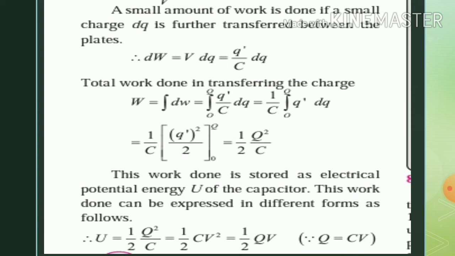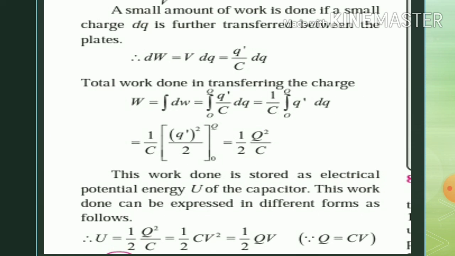Then also we can obtain the electrostatic energy of the condenser in terms of charge and potential, which is U equals 1/2 Q into V. This is also the electrostatic or electrical potential energy in terms of charge and potential.